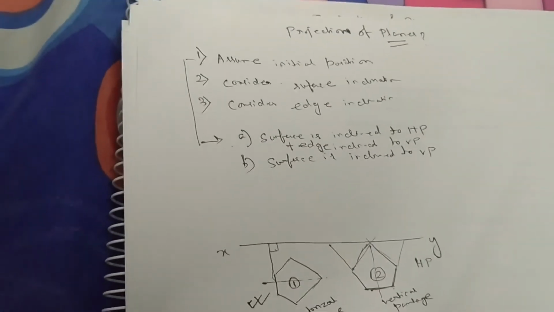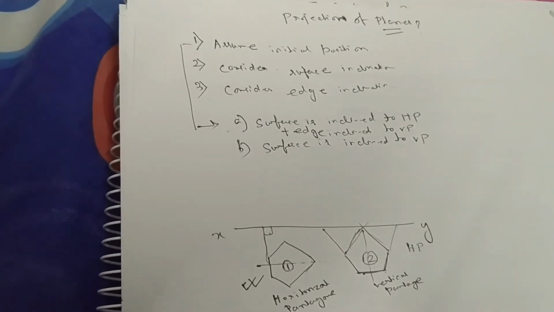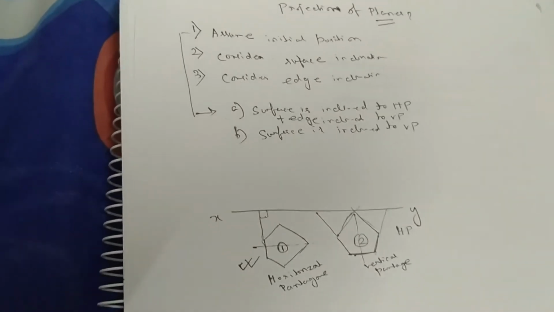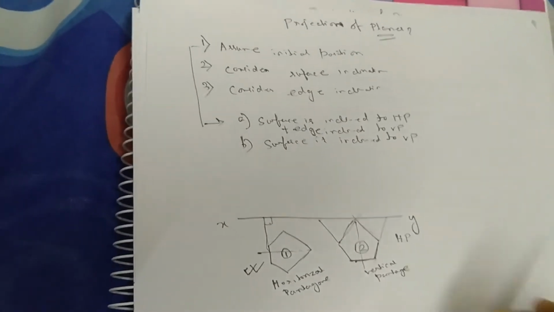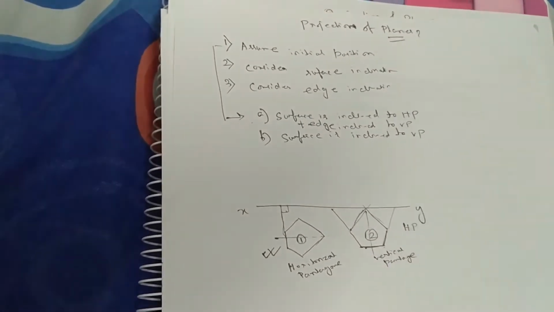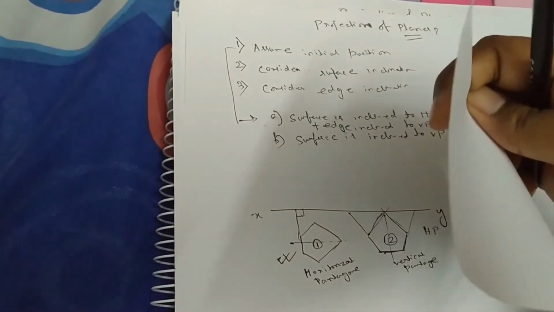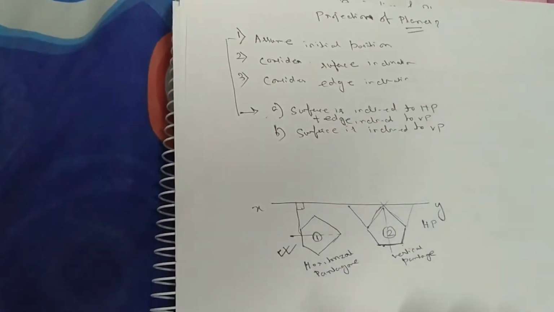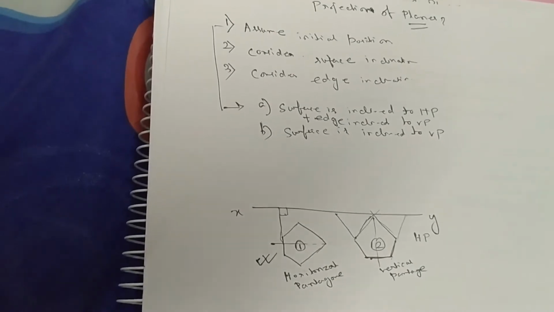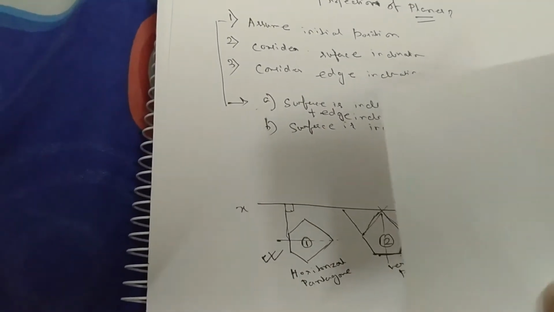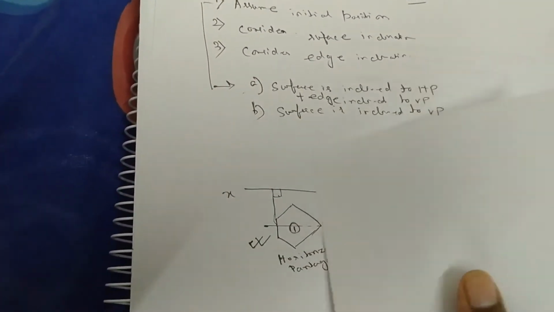Now we are going to go through our second point, surface inclined to VP. So if this is our vertical plane, it will make some angle like that, that is theta angle. Actually the consideration is the same. Again, how are we going to see our true shape?